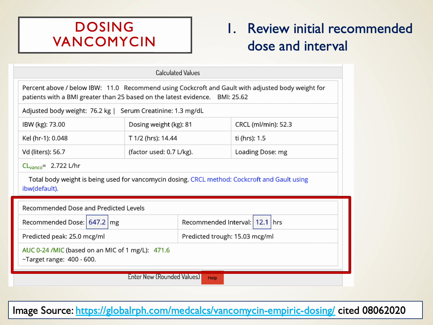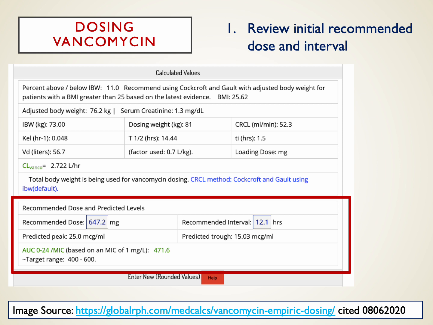It estimates that the elimination rate constant, or the slope of decay, is 0.048. You as a clinician won't need to know that, but as a pharmacist I'm very interested in it, because I may find in the future, based on how levels come back, that the slope of his decay line is different, and that KEL will help me back-extrapolate some data into the software.